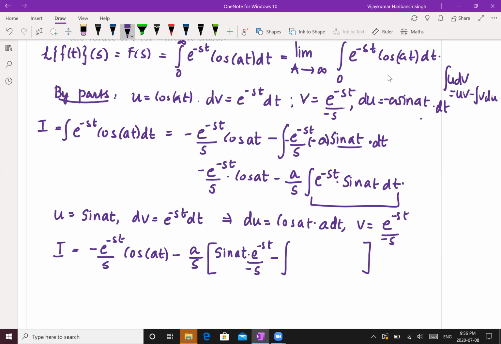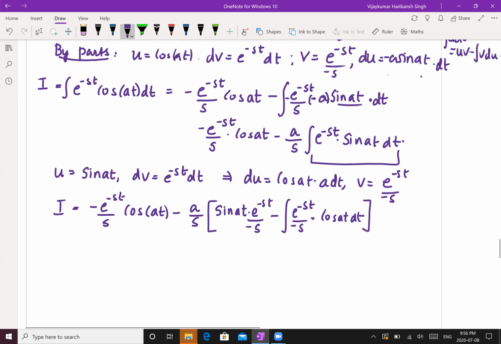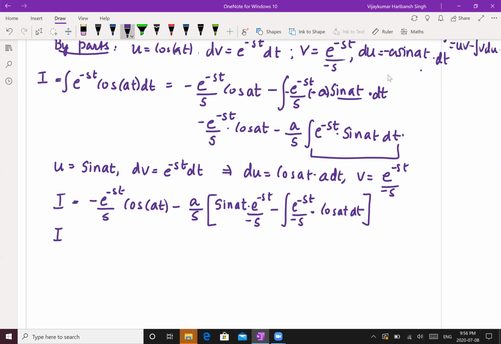So again, e to the power minus st over minus s times du, which is cos of at dt. So I get I equals e to the power minus st over minus s cos of at, minus a by s.